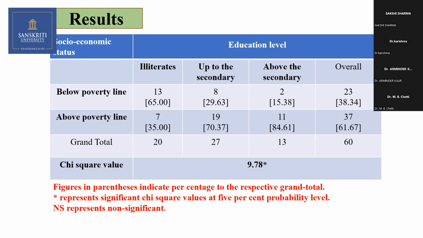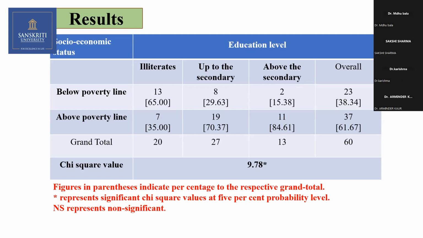That means to say that above poverty line people could spend and go to school and educate themselves above the secondary level. With the help of this percentage, I'm explaining. Any doubts? Okay, ma'am. Okay, Dikeshwar, is it clear? Yes, ma'am. Okay, and overall also, if you take above poverty line people, the percentage is more compared to below poverty line. So education level is dependent on the socioeconomic status.